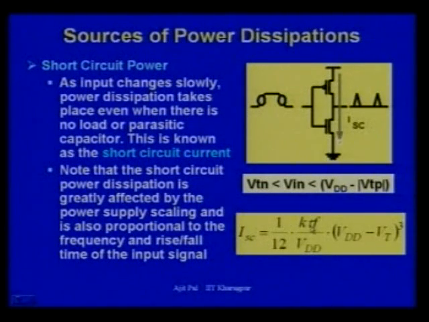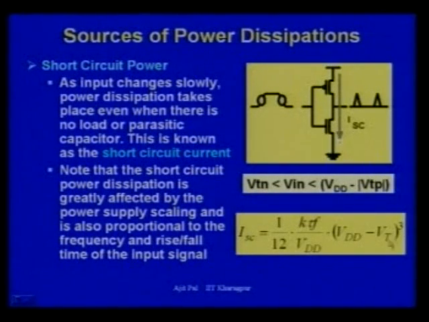However, it depends on other parameters like supply voltage. As you can see here, you have got VDD minus VT cube. That means if you want to calculate the power dissipation, you have to multiply this with VDD, and if you multiply with this VDD, you can see this is proportional to VDD minus VT cube.